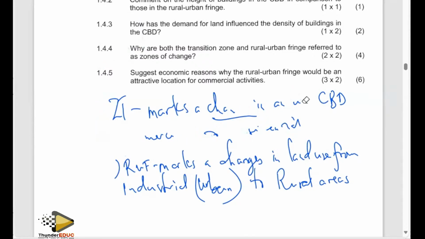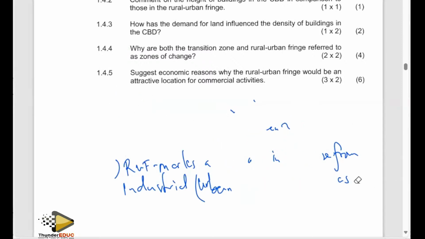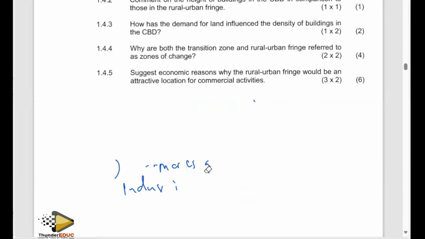The next question is based on economic reasons why rural urban fringe would be an attractive location for commercial activities. We are saying businesses, why is it attractive? Why is the zone of transition attractive for businesses?